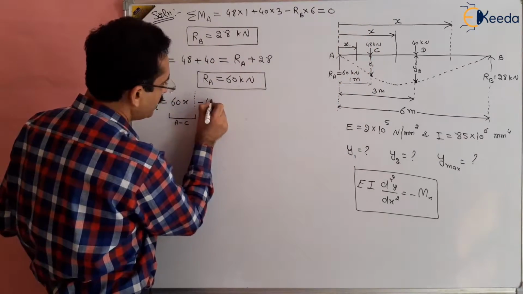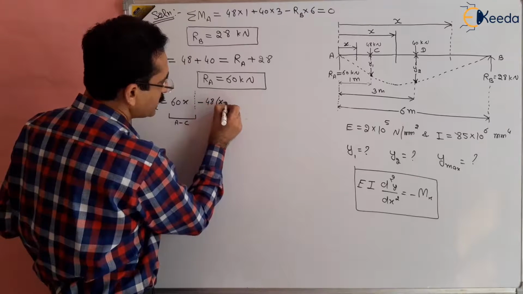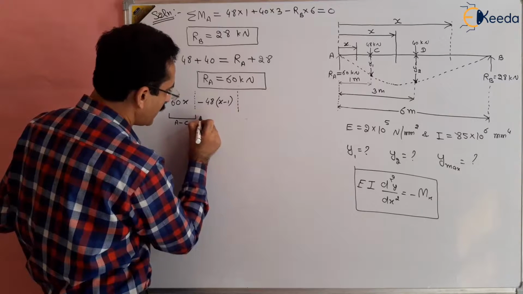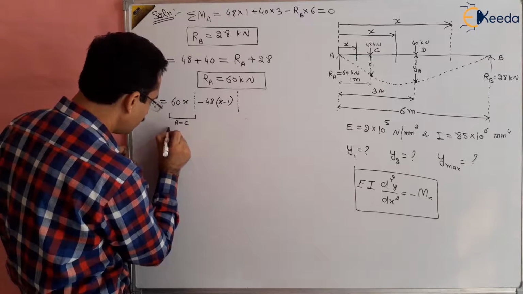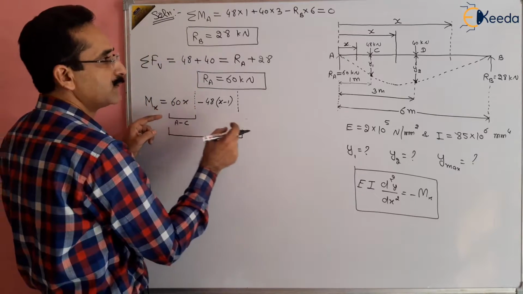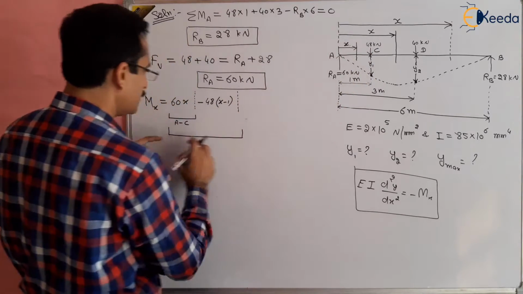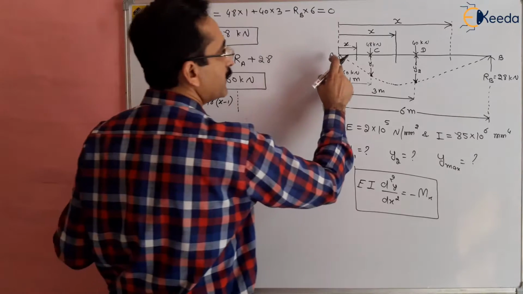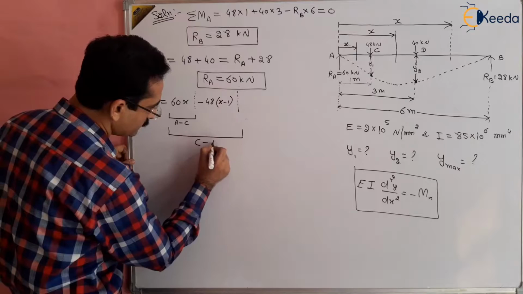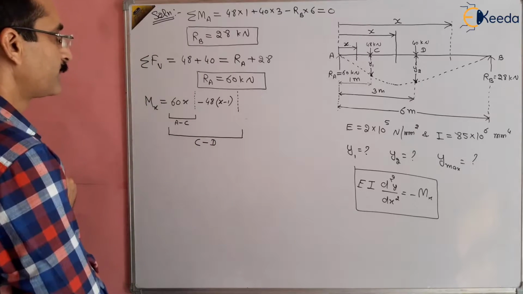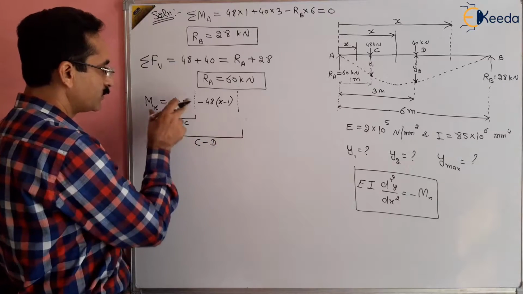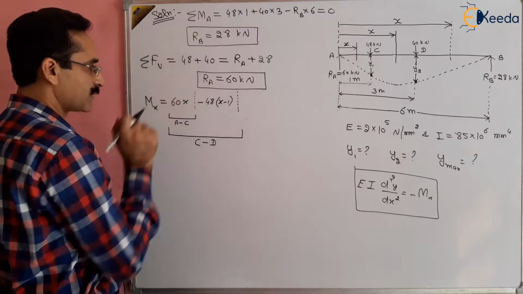So this is minus 48 multiplied by x minus 1, right? And this whole expression, 60x plus this term, will be valid between C to D, right? So one part is valid between A to C, another part is valid between C to D, the whole being 60x plus this thing.